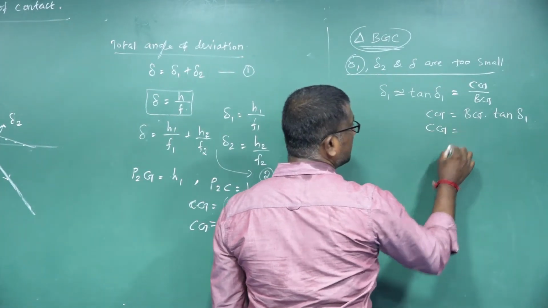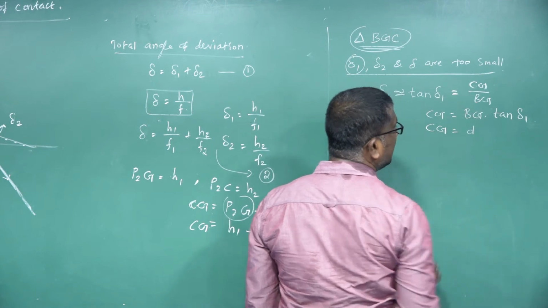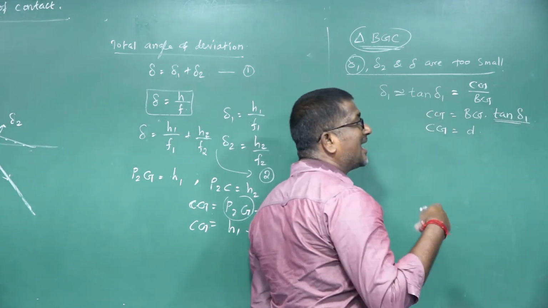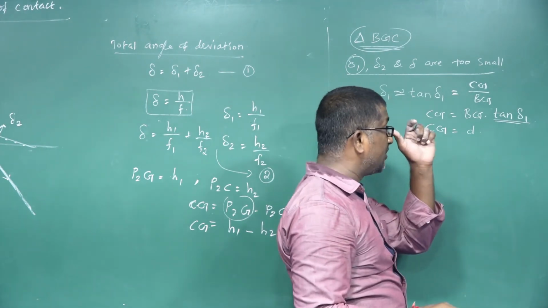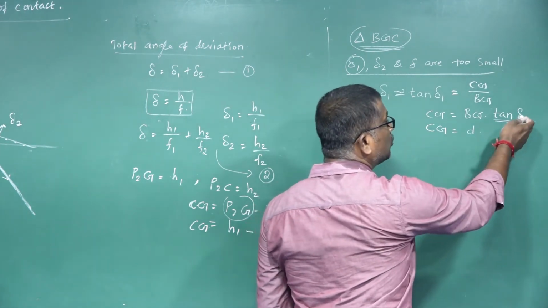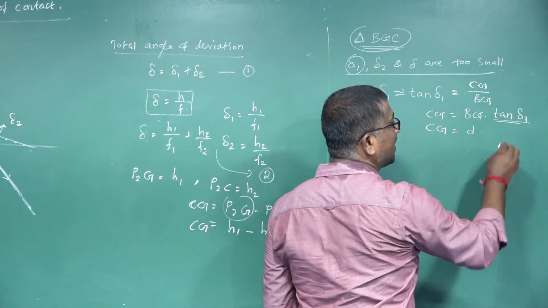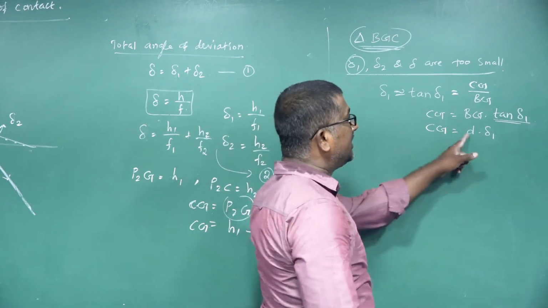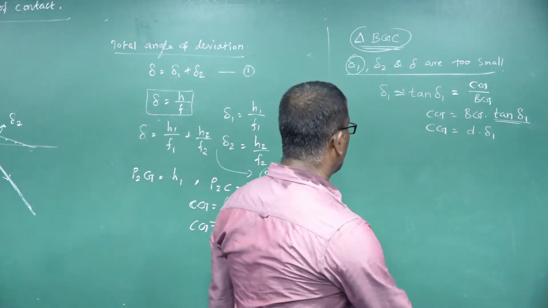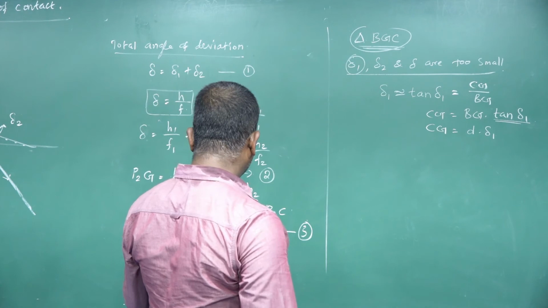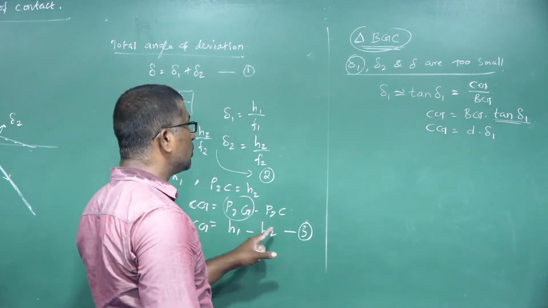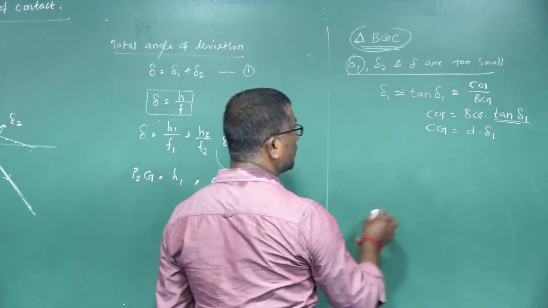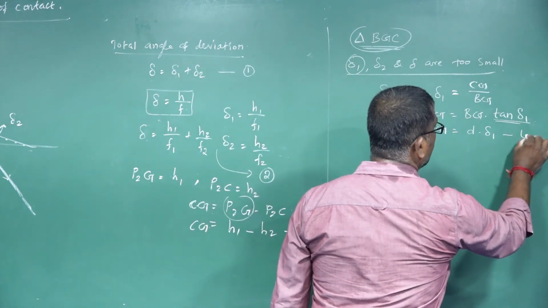Therefore, CG is equal to D, instead of BG, into tan del 1. And if theta is too small, tan theta can be taken as theta. So tan del 1 can be taken as del 1, and CG is equal to D into del 1. Now compare equation number 3, CG is equal to H1 minus H2, and equation number 4.